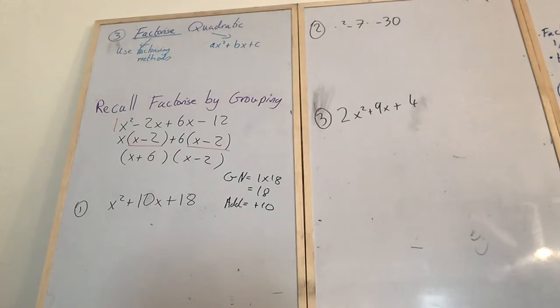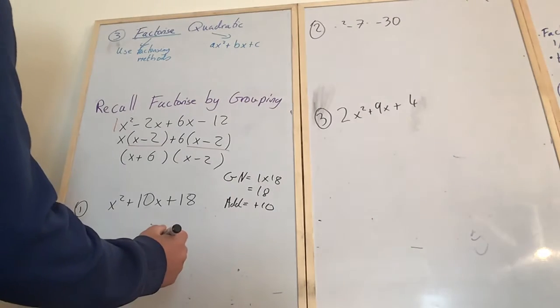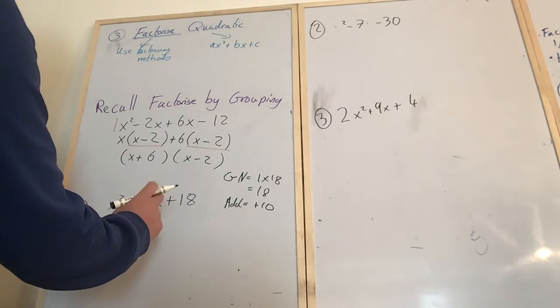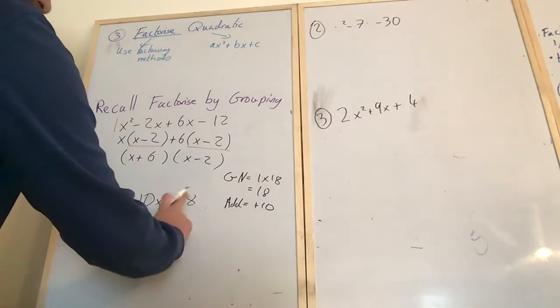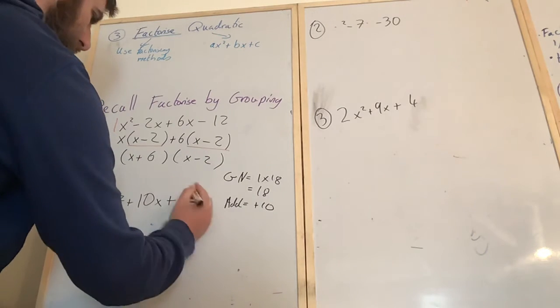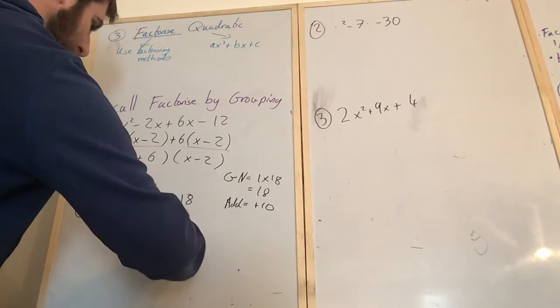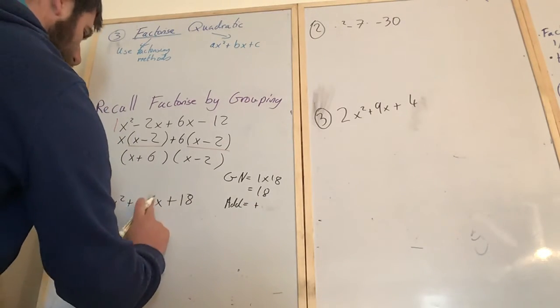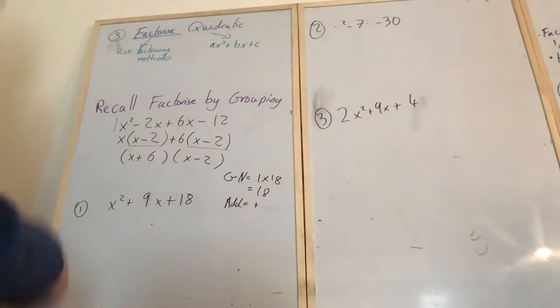I would recommend you write out your factors. Actually, I'll leave that as 18, but we'll change it to add to give 9. You're going to see why in a moment.